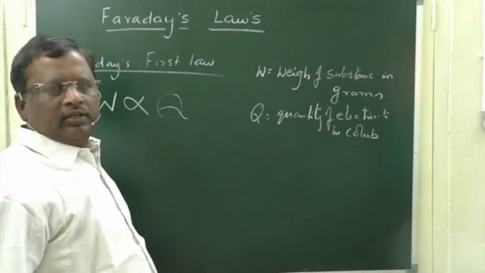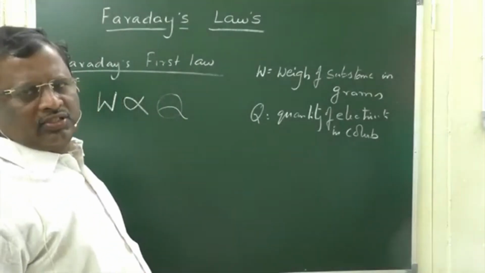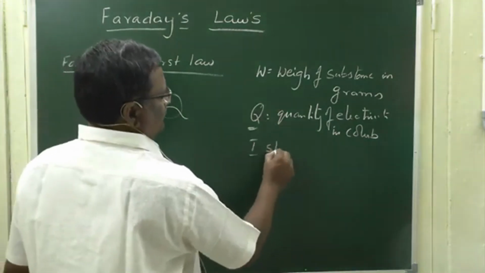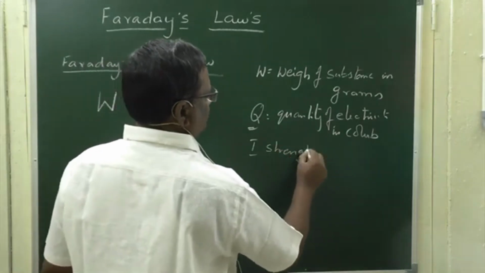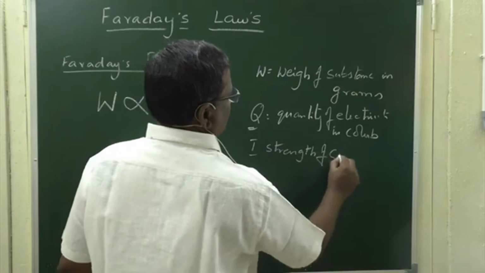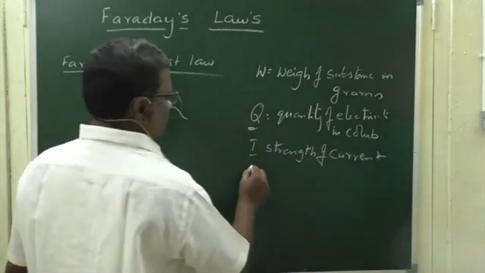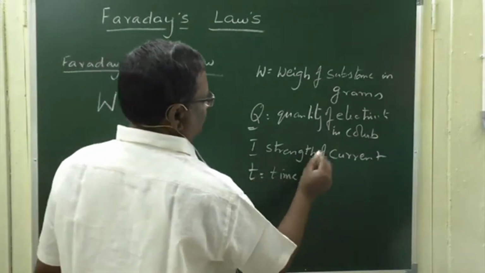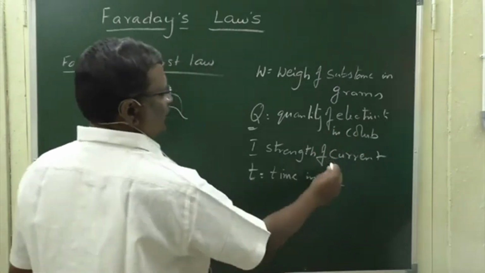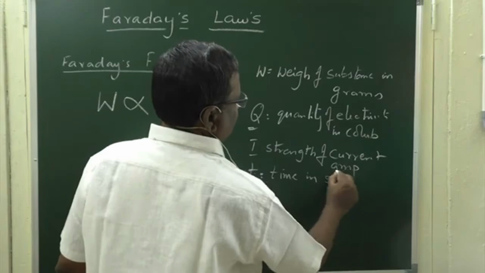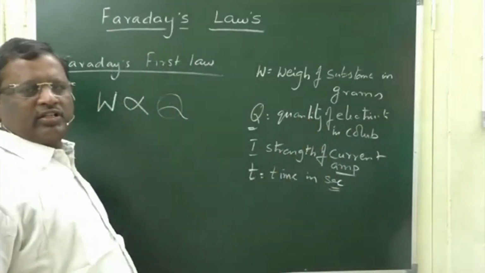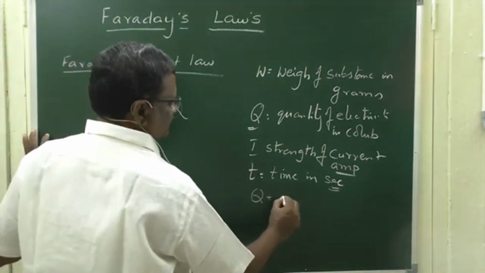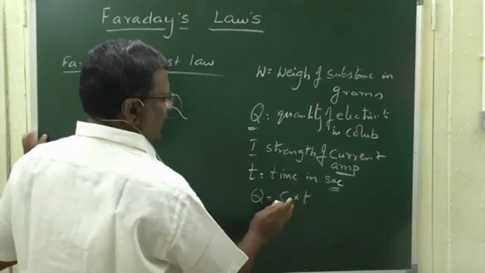Quantity of electricity is expressed in coulombs, but this quantity depends upon the strength of current and time of electrolysis in seconds. Strength of current is measured in amperes. So, Q is nothing but C into T or I into T.